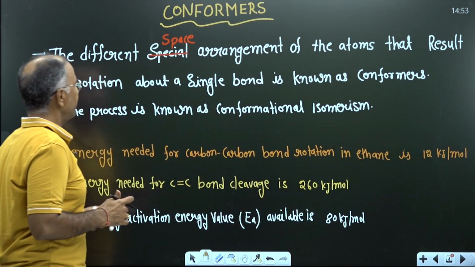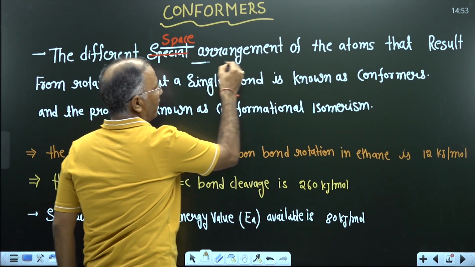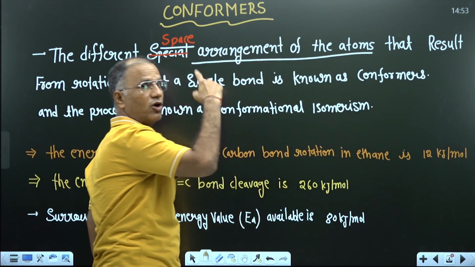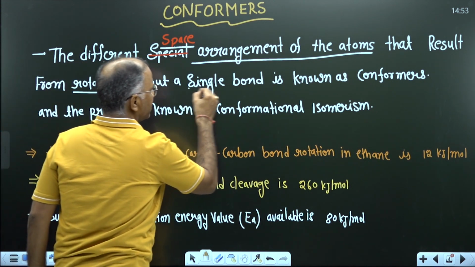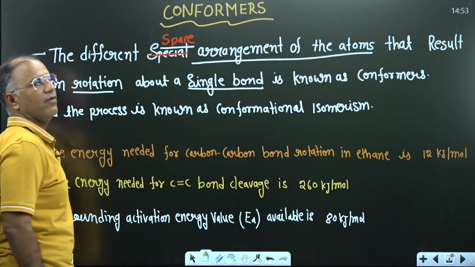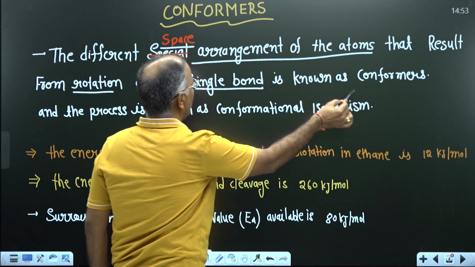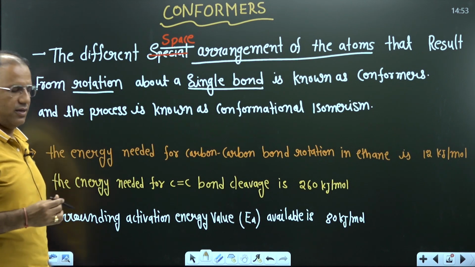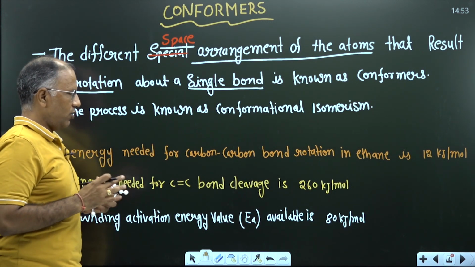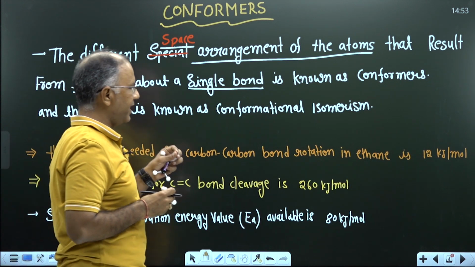The exact definition: the different arrangement of atoms in space that results from rotation across a single bond is known as conformers. Got it?